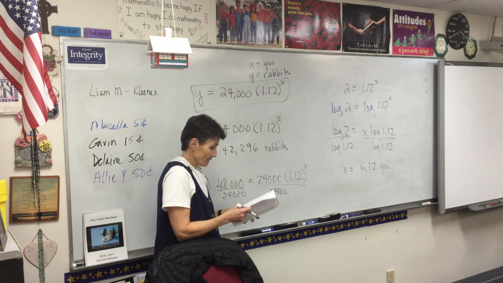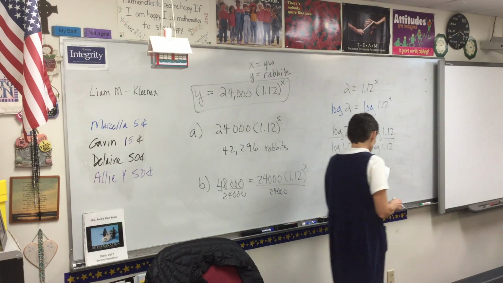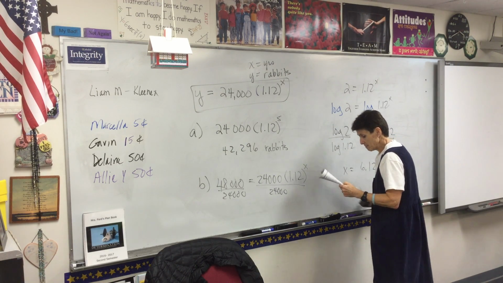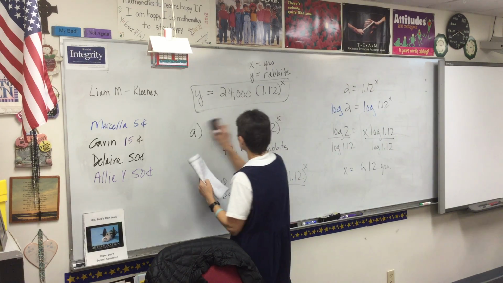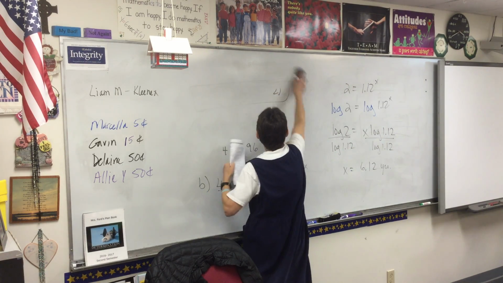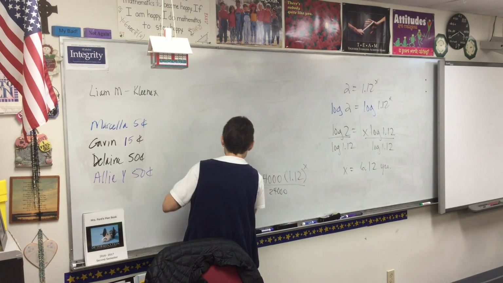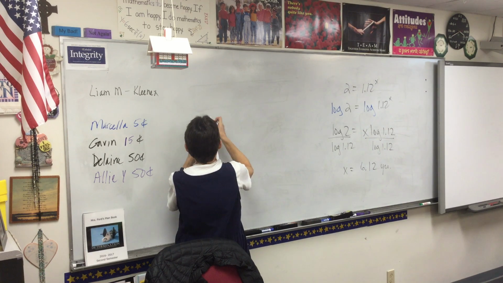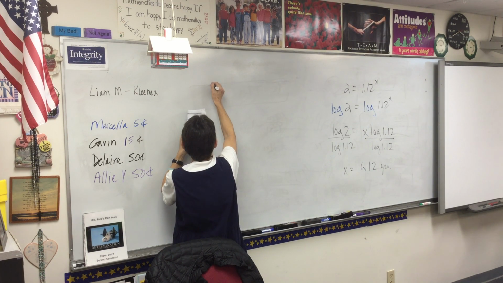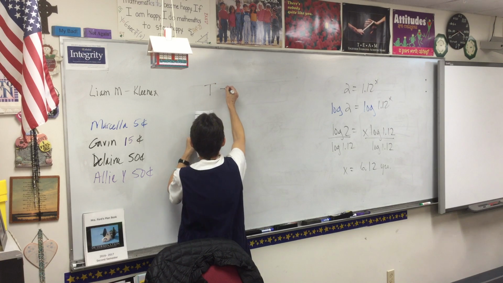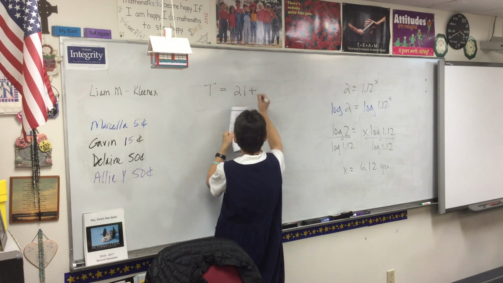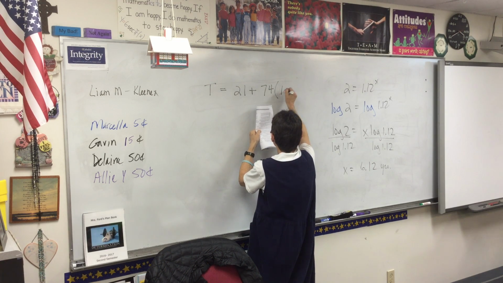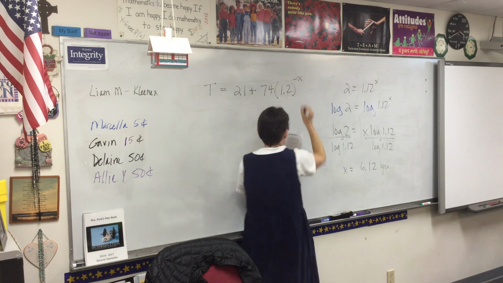All right, where am I? Number 11. The temperature of a cup of soup can be modeled by this equation. Now again, they're giving us the equation to use. You aren't modifying it. It says the temperature is 21 plus 74 times 1.2 to the negative x.